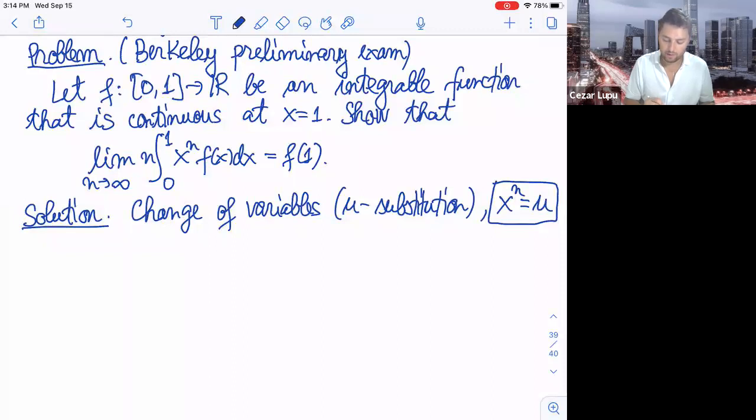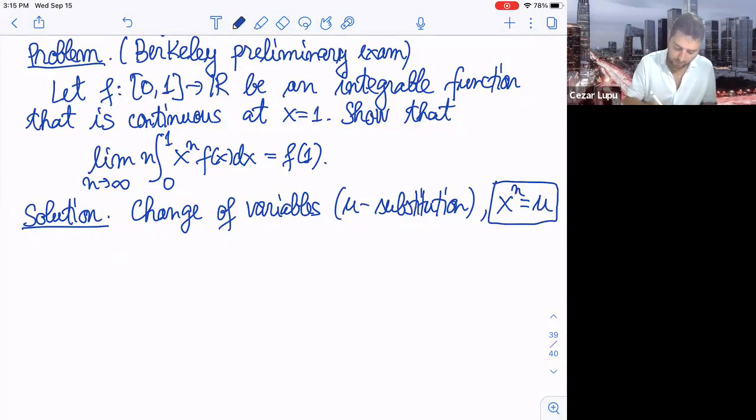Let me just do a computation: n x^(n-1) dx equals du.